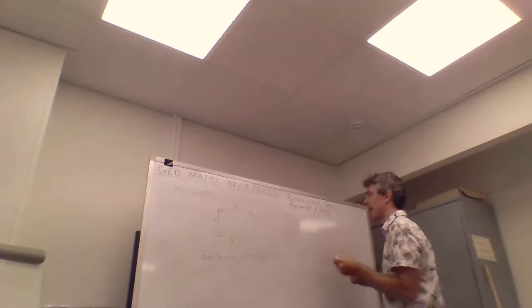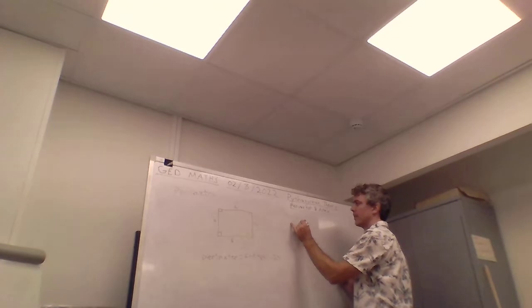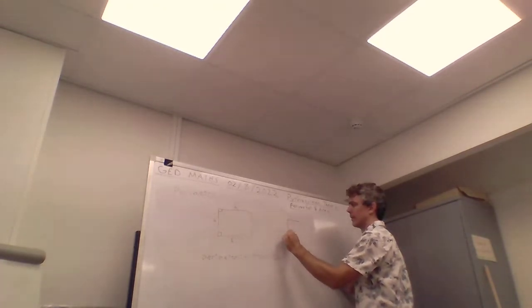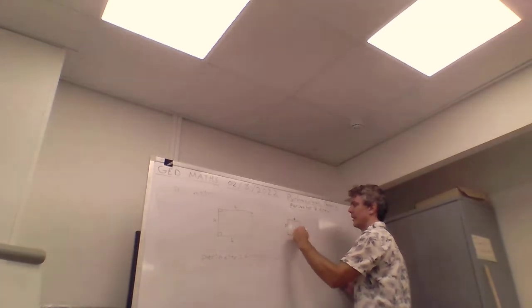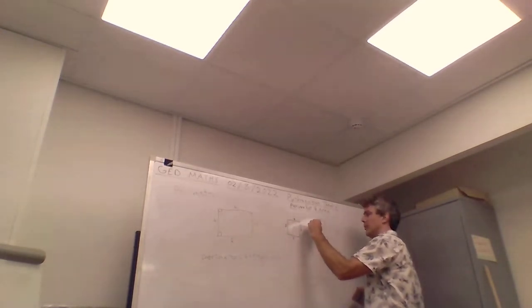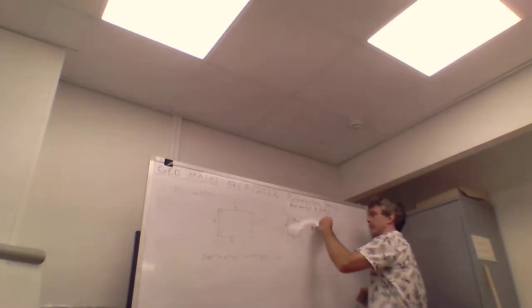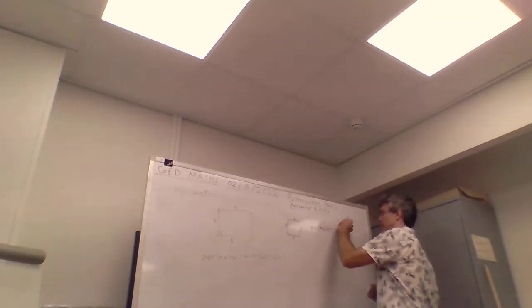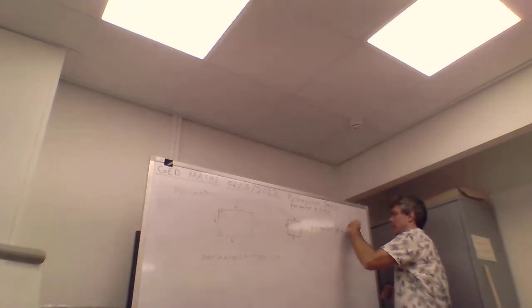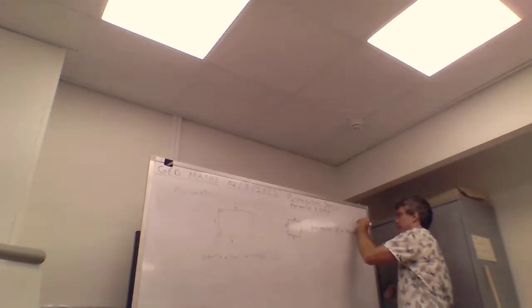So for a square, right? So this is S, S, S, S. Perimeter of a square equals 4 times S. Right? Yes.